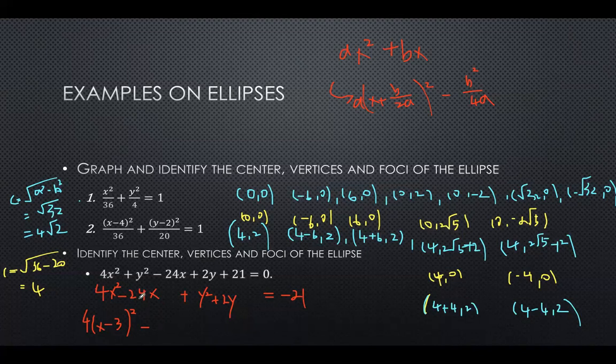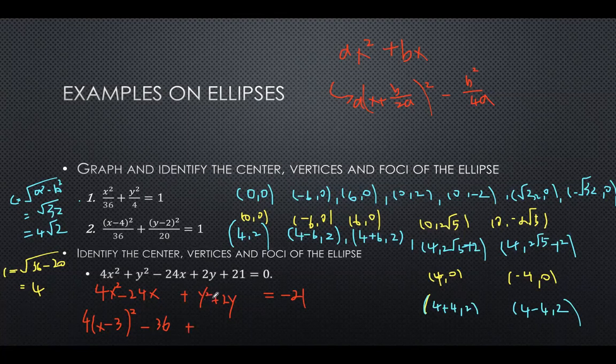Oh, sorry. The b is 24. All right, so 24 squared divided by 16, and then you should get 36. Yeah, 36. All right, so you have to subtract 36 in order for you to complete the square.